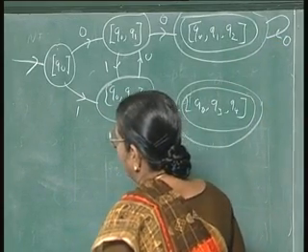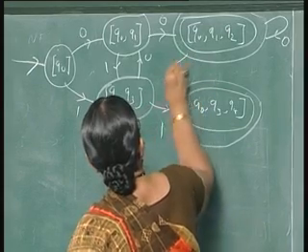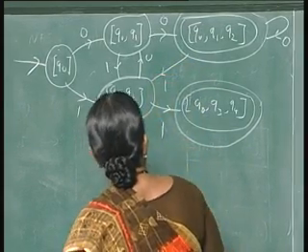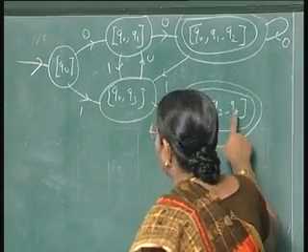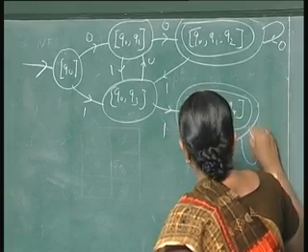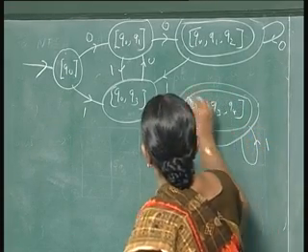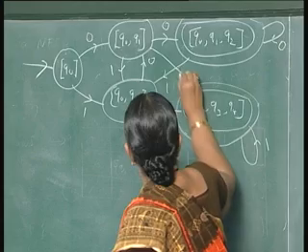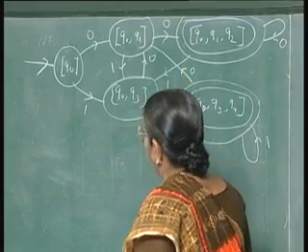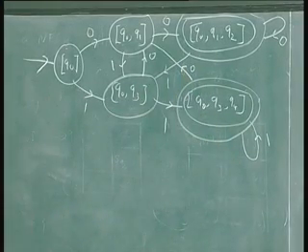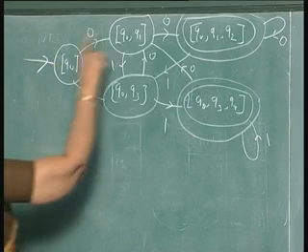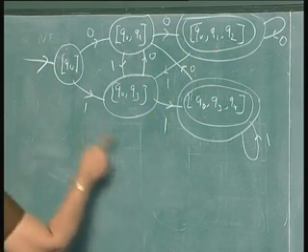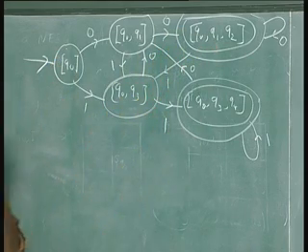If you get a 1, you go to Q0 Q3. From Q0 Q3 Q4, if you get a 1, you remain in the same state. If you get a 0, you go here. Now here again you can very easily see that if you get 2 zeros, you reach a final state. If you get 2 ones, you reach a final state.